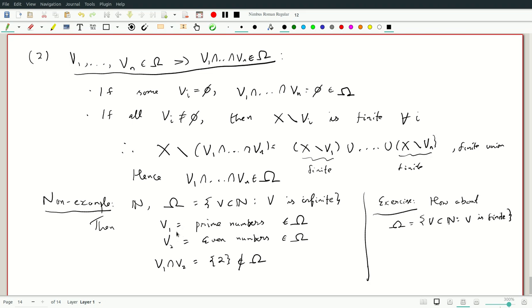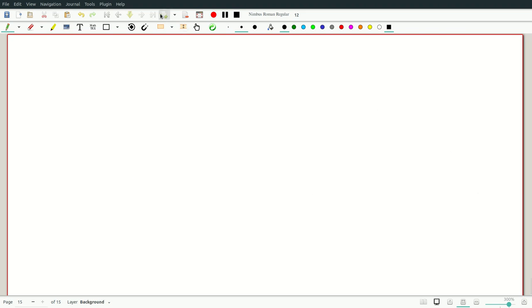And the final example in this session, we'll vary this a little bit and look at a topology on X equals N hat, which is the natural numbers union infinity. I'm just adding one point, and infinity you think of as the limit.